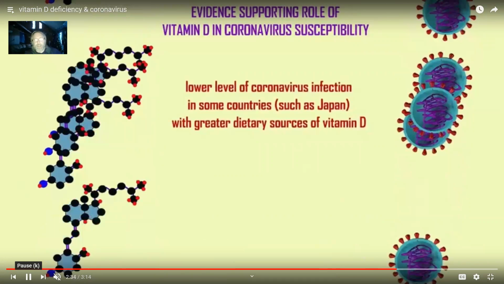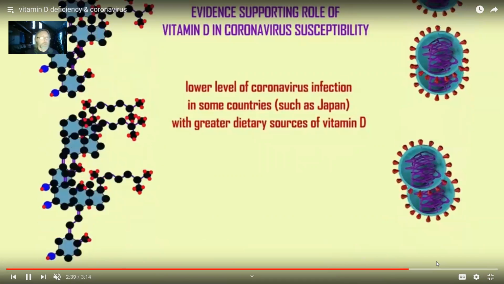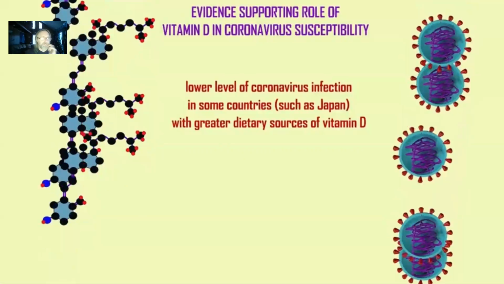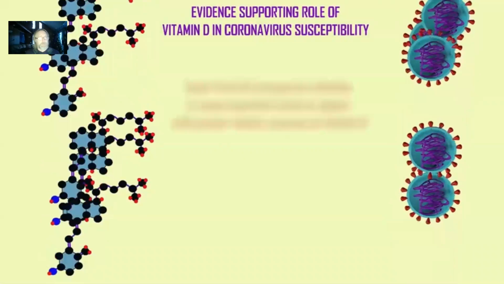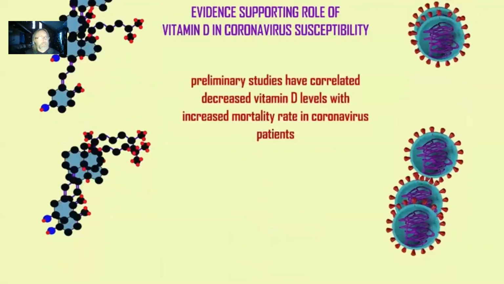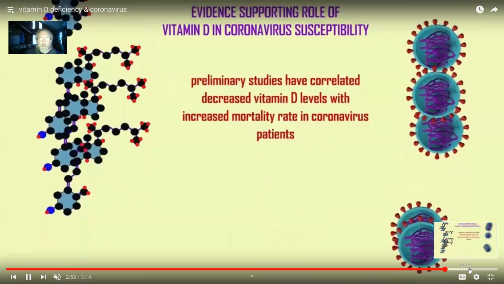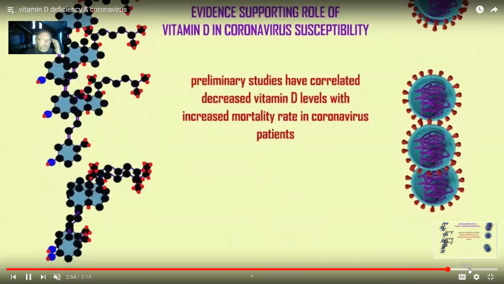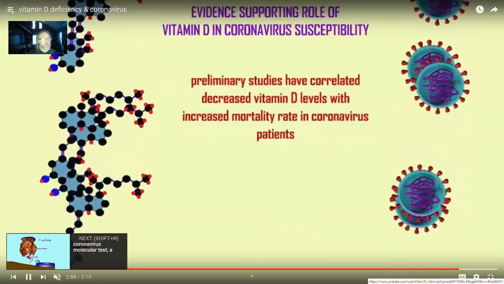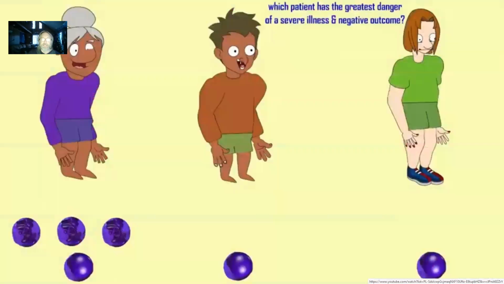And then there have also been some preliminary studies, once again preliminary, this is early 2021, where if you compare vitamin D levels in patients who have mild symptoms versus severe symptoms, it has been reported that vitamin D is lower in patients where symptoms are severe. And so vitamin D levels may be relevant as well.